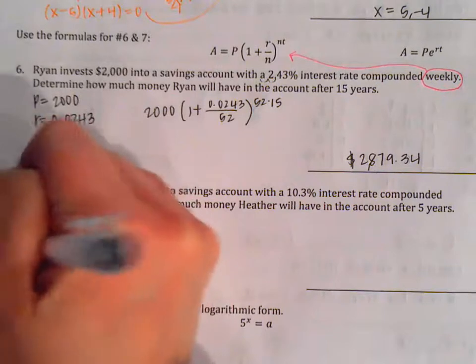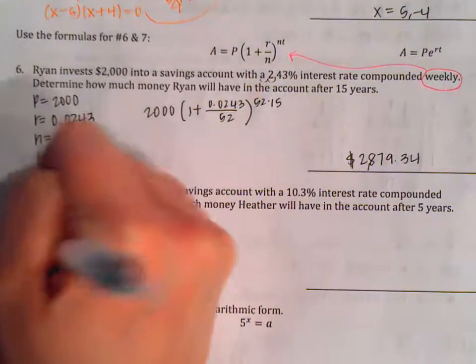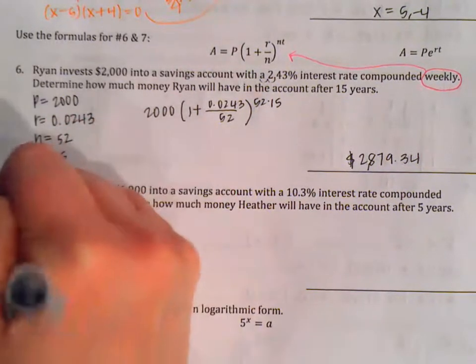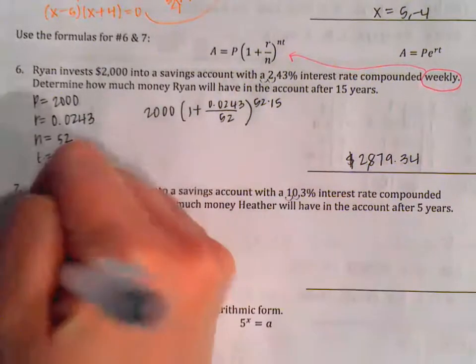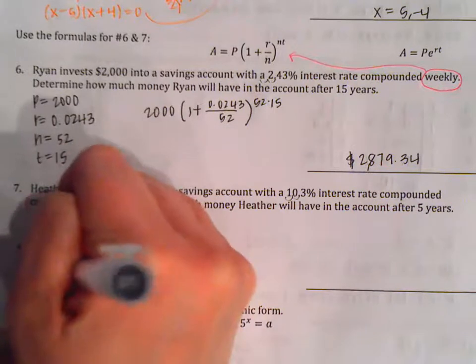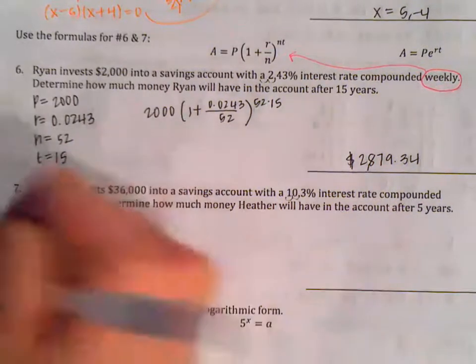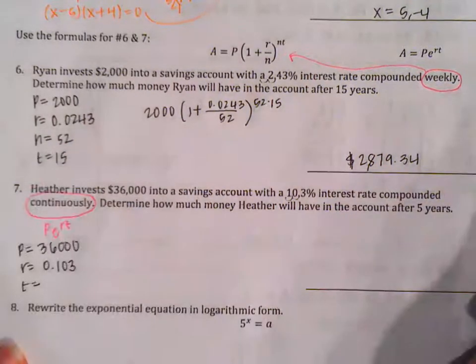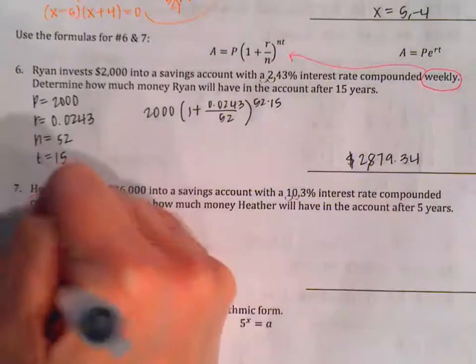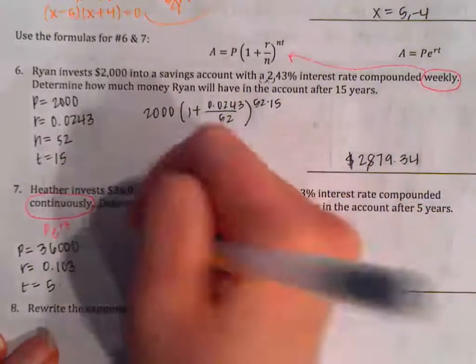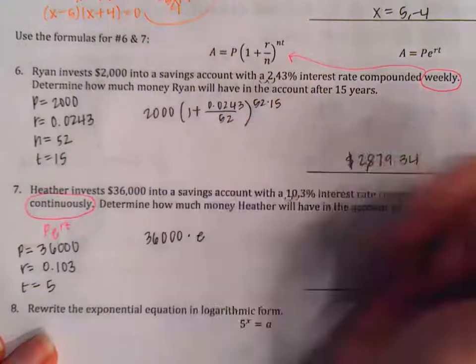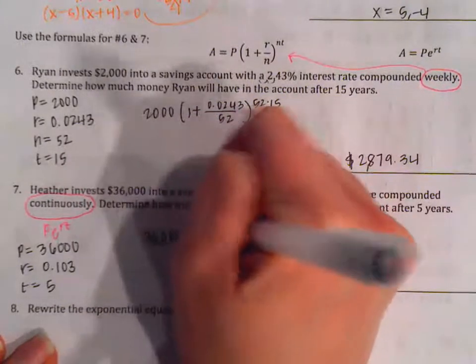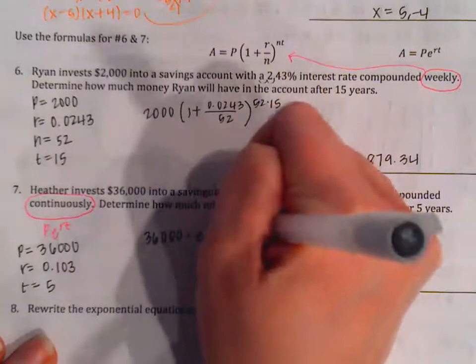P is my principal, my starting amount, so it's $36,000. R is my rate. So again, we just move it over 1, 2, so this is 0.103. And then the time, how much will Heather have in the account after 5 years? So T is 5. So when I plug that in, it's 36,000 times e raised to the 0.103 times 5.